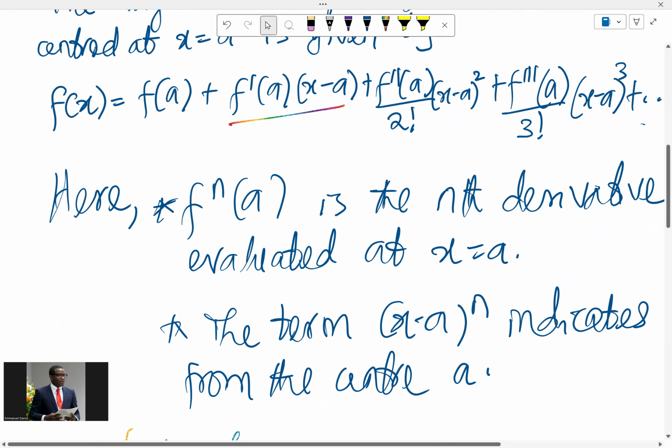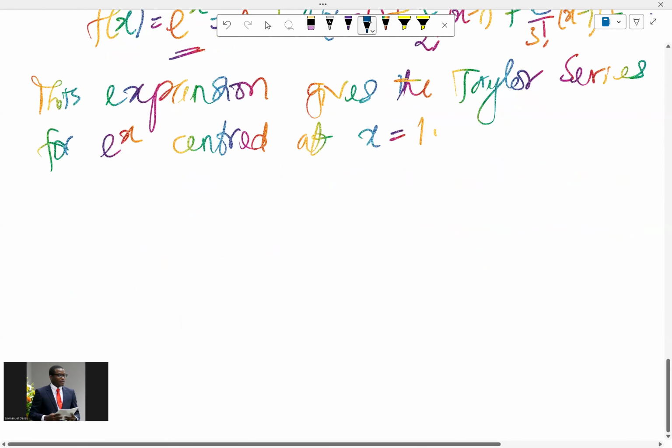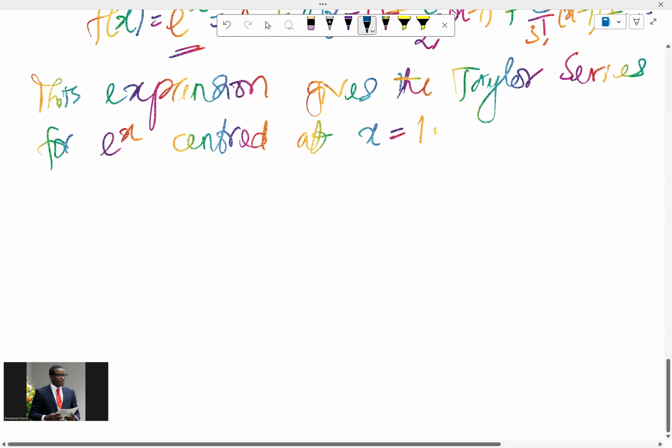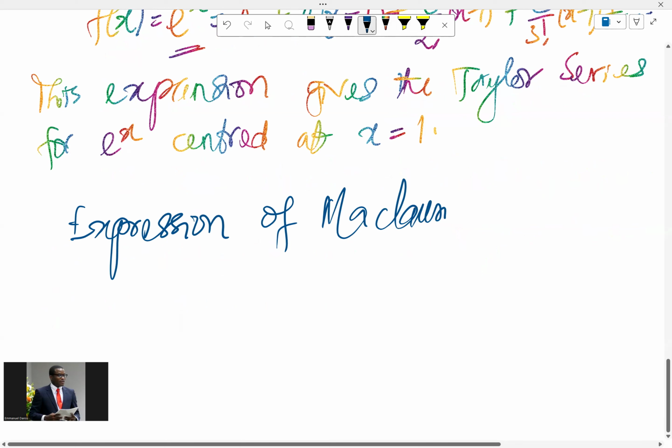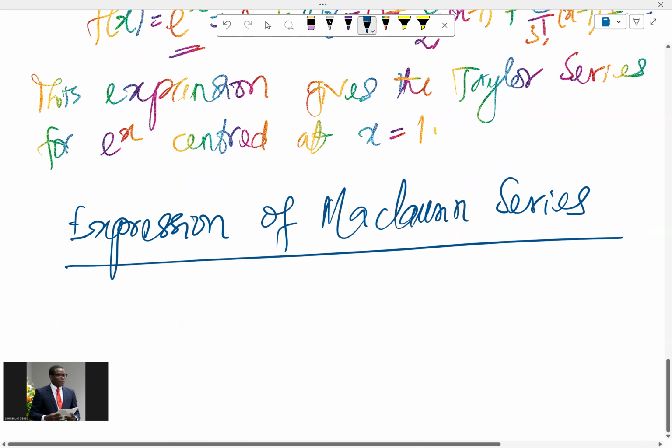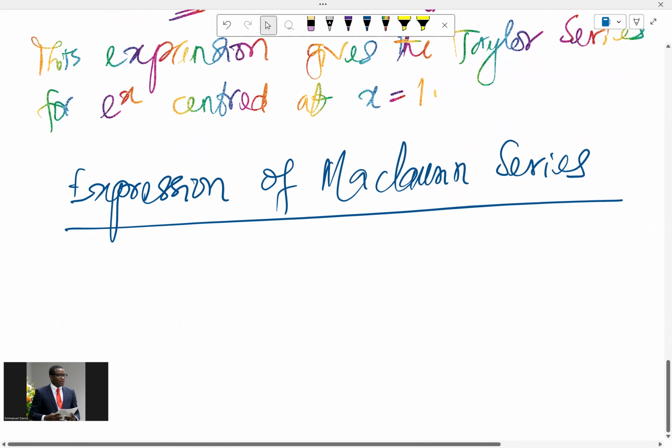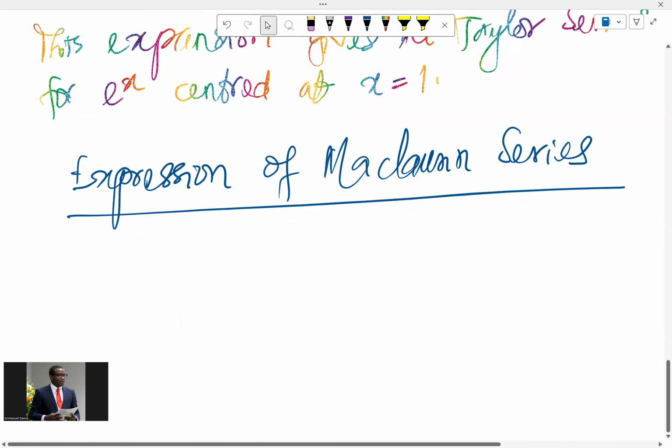Now let's take the expression of Maclaurin series. So we know Maclaurin series is Taylor series, except that the center is 0. So Maclaurin series is Taylor series with center 0. That's basically the idea.